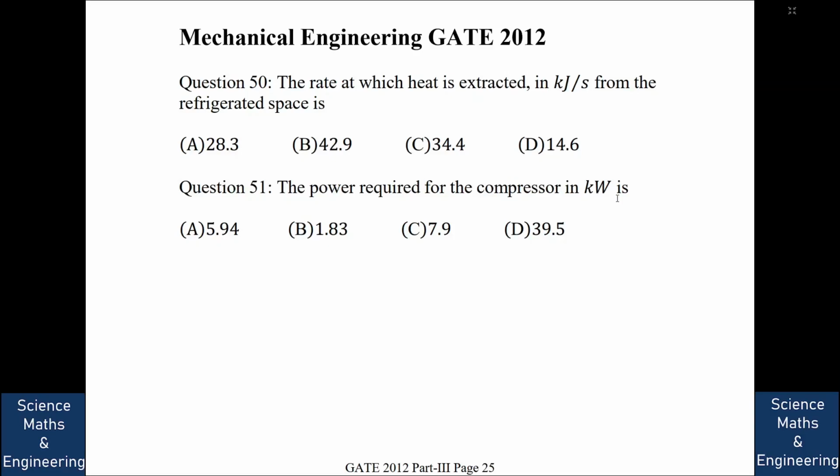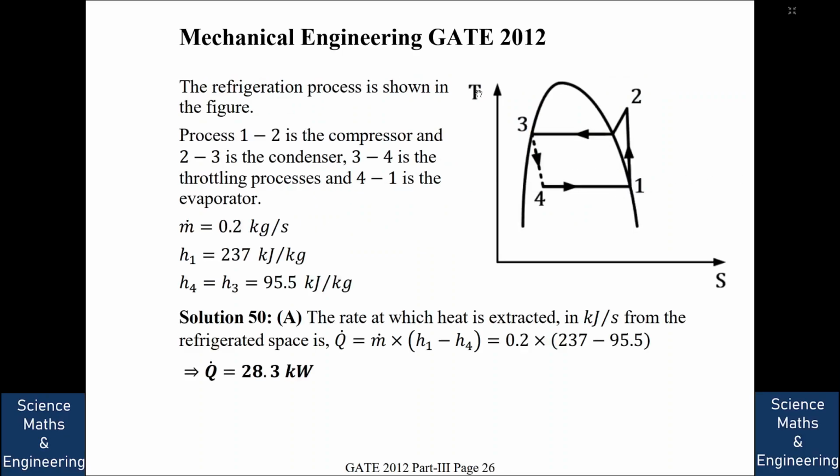So let us first draw the T-S diagram. So this is point 1, from 1 to 2 this is the compression. From 2 to 3, this is the condensation. 3 to 4 is the throttling process, and from 4 to 1, this is the heat addition in the evaporator.